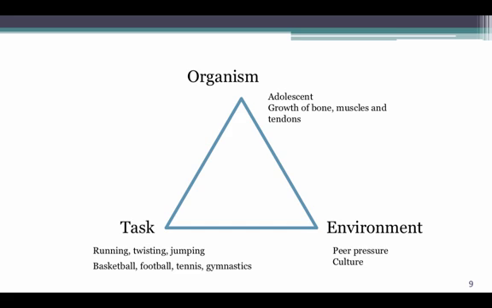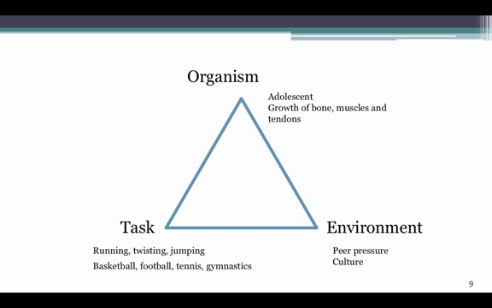If we bring back and apply Newell's model of constraints, we can think about the interaction between constraints when playing sports in adolescence and childhood. We know that there is a growth of bone, muscle, and tendon, and there is an environment filled with peer pressure.